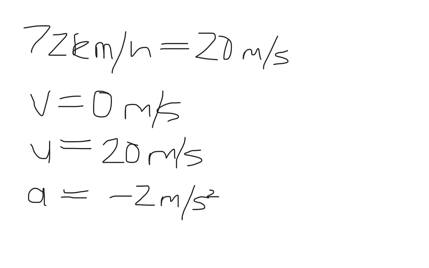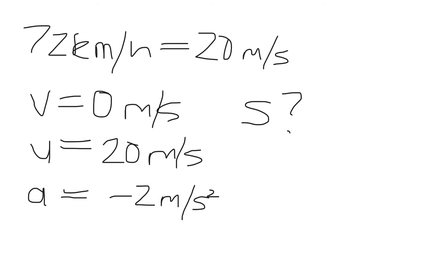All right, so now we have three parameters: u is equal to 20 meters per second, v is equal to 0, and a is equal to negative 2 meters per second squared. And we have also established that we are looking for the displacement s of the car.